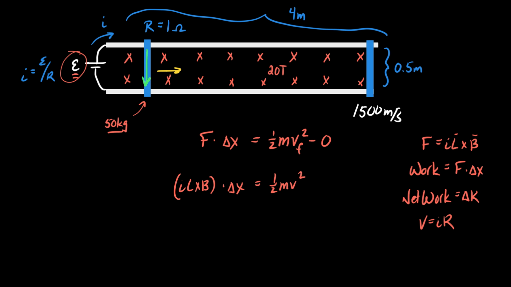Any question yet? I is going to be the EMF over R, times L times B times the sine of 90 degrees times delta x equals 1/2 m v squared. And I think we can solve this for the EMF. Any question about where any of that came from? It is all right here.